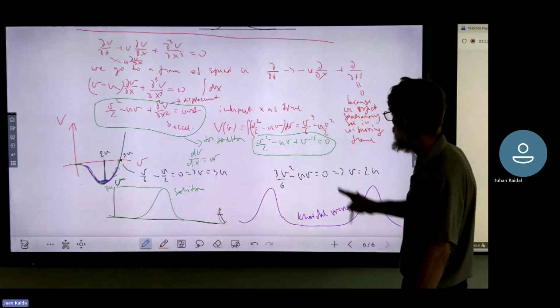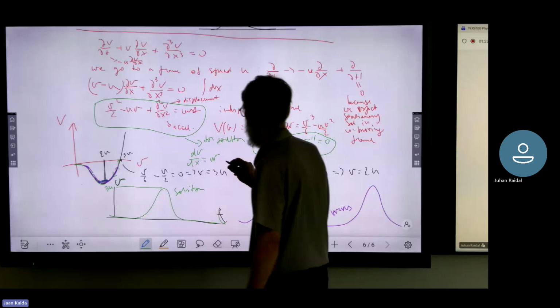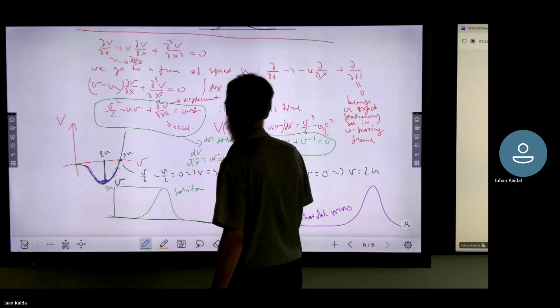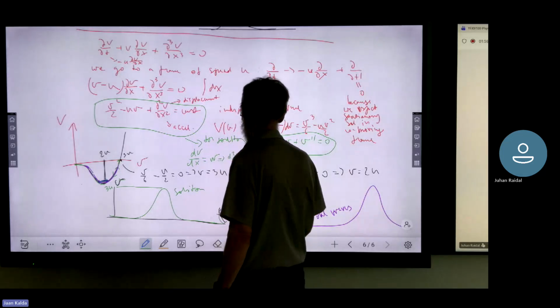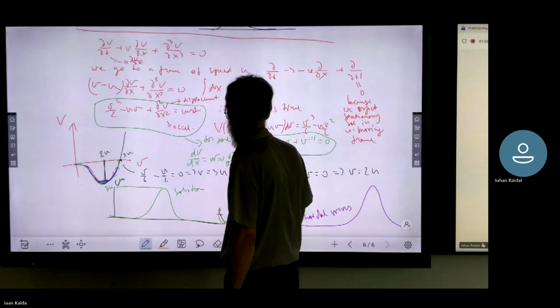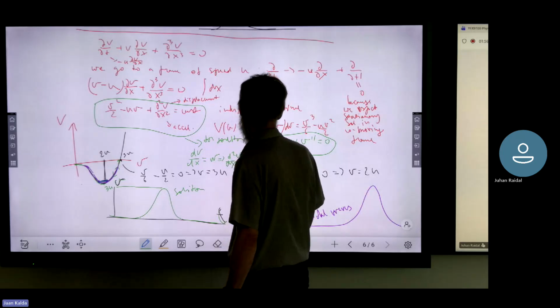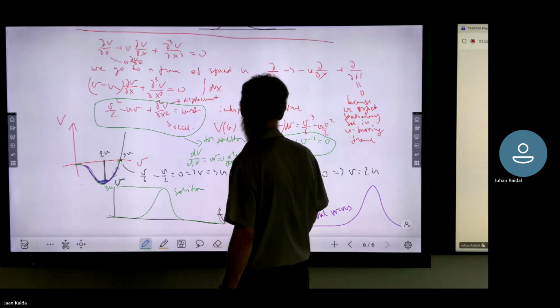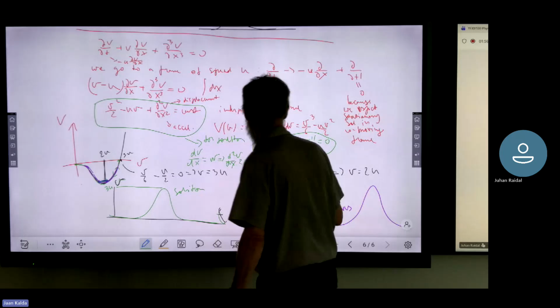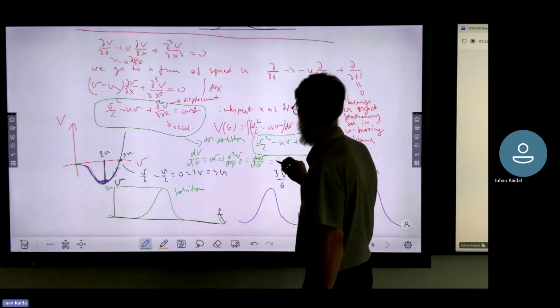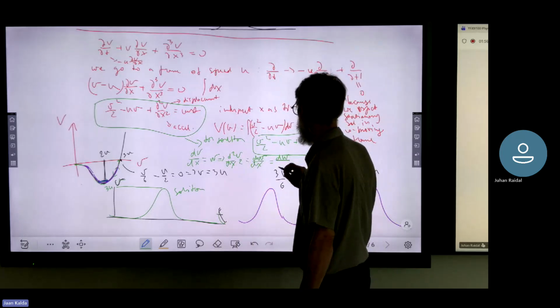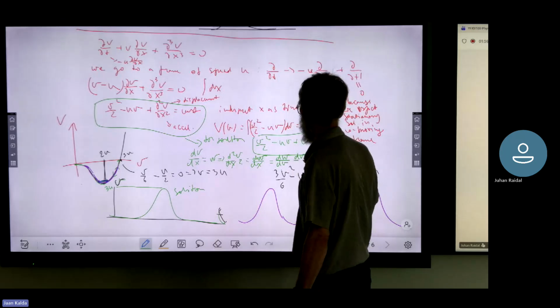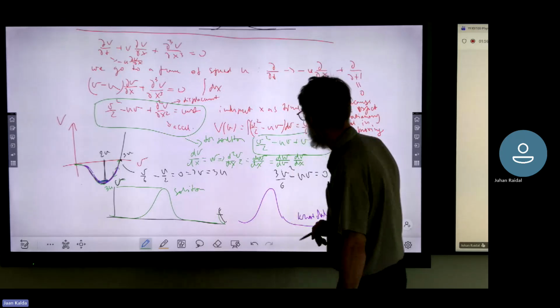Then we have d squared v over dx squared is dw over dx, but this is dw over dv and dv over dx, right?